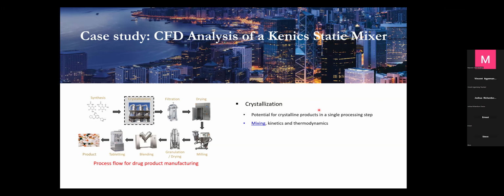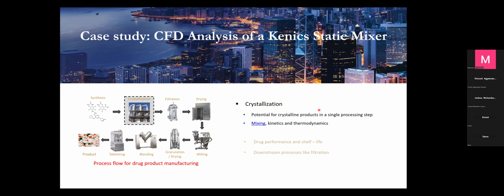You want to create supersaturation either by cooling, or by using an anti-solvent, or maybe even evaporation. And then you nucleate and grow those crystals. Now, in all of this, if you have supersaturation gradients, the distribution of your crystals would be bad, which may not be good for the performance of your product.